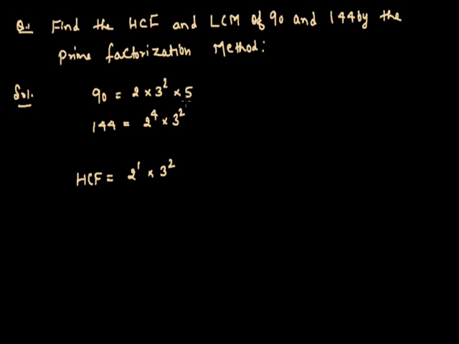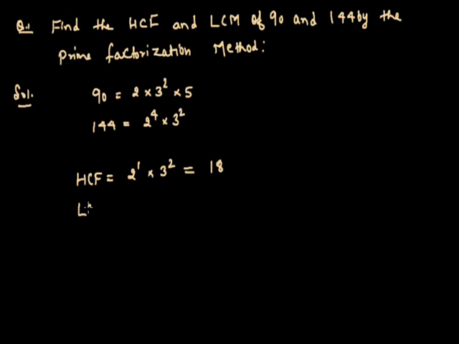Now in 90 there is 5 to the power 1, but in 144 there is 5 to the power 0, so we will take nothing for 5. So the HCF of 90 and 144 is 2 multiplied by 3 to the power 2, means 2 into 9, which is equal to 18.